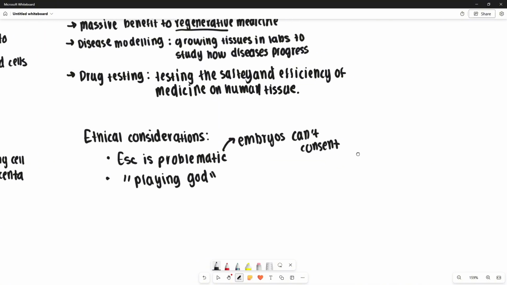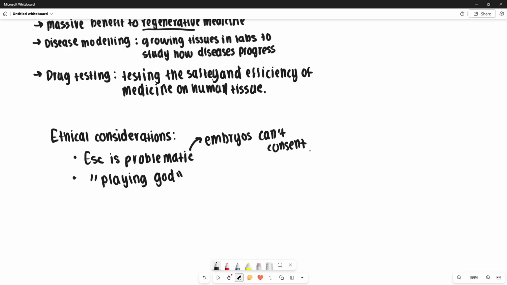However, there is induced pluripotency. And this is where, I already talked about this, they make adult stem cells pluripotent.